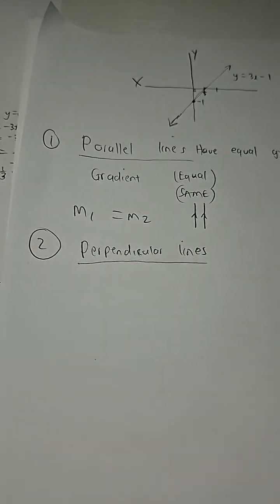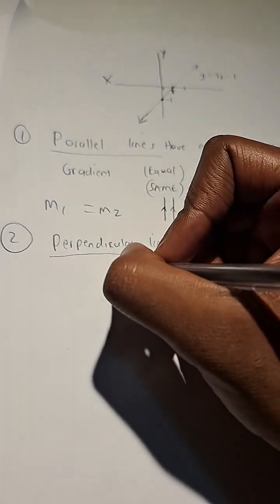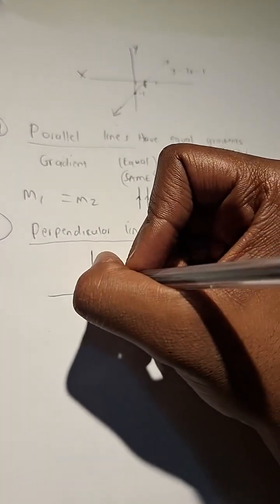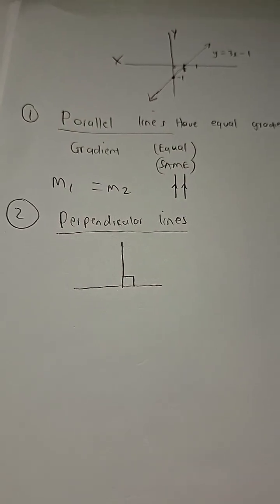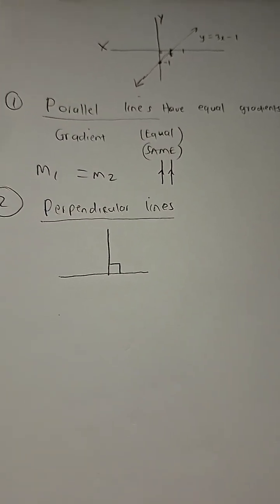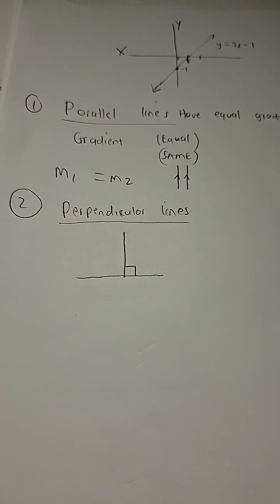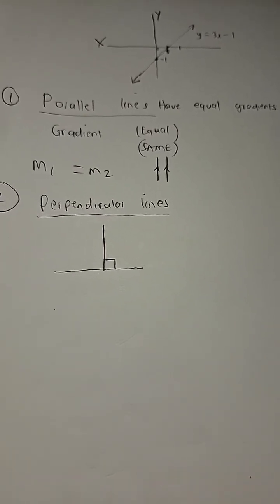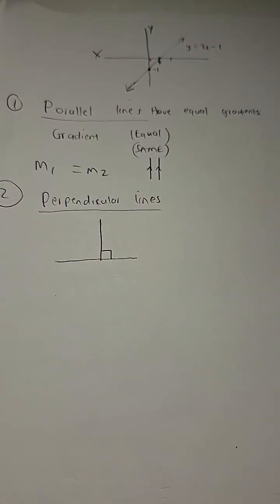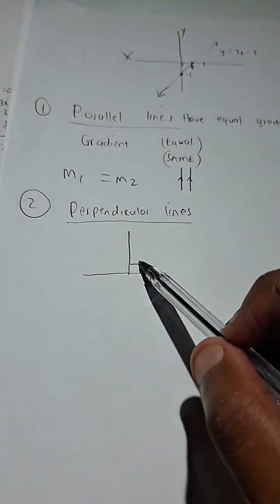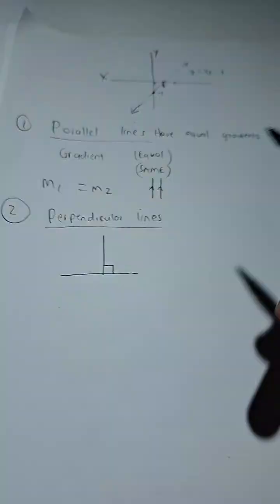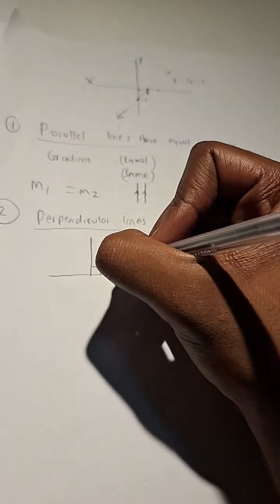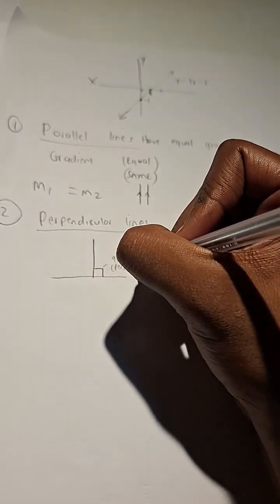Perpendicular lines, they meet at 90 degrees. Yeah, that's true. I like the fact that you're saying the lines meet at 90 degrees. You can see this here: 90 degrees, perpendicular. Therefore, you need to tell me something about their gradients.